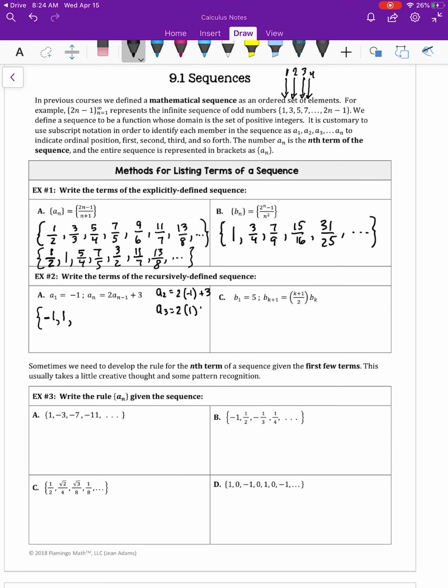So if I put 2 times -1, -2 plus 3, I get +1. Now to find the third term, I'm going to put my second term in. I get 5. Find the fourth term. I'm going to put my third term in.